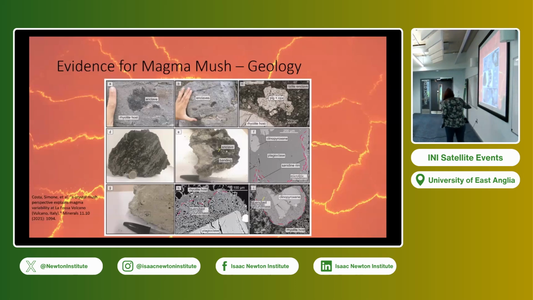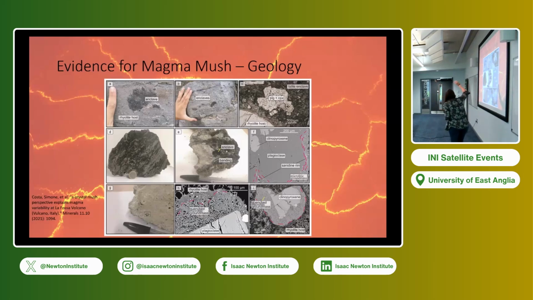But this enclave of more or less viscous, younger material, you can tell by the colour that the older materials tend to be lighter grey, the younger materials tend to be darker grey, black, because of the silica content in them, because as the crystals form, different materials get taken out.